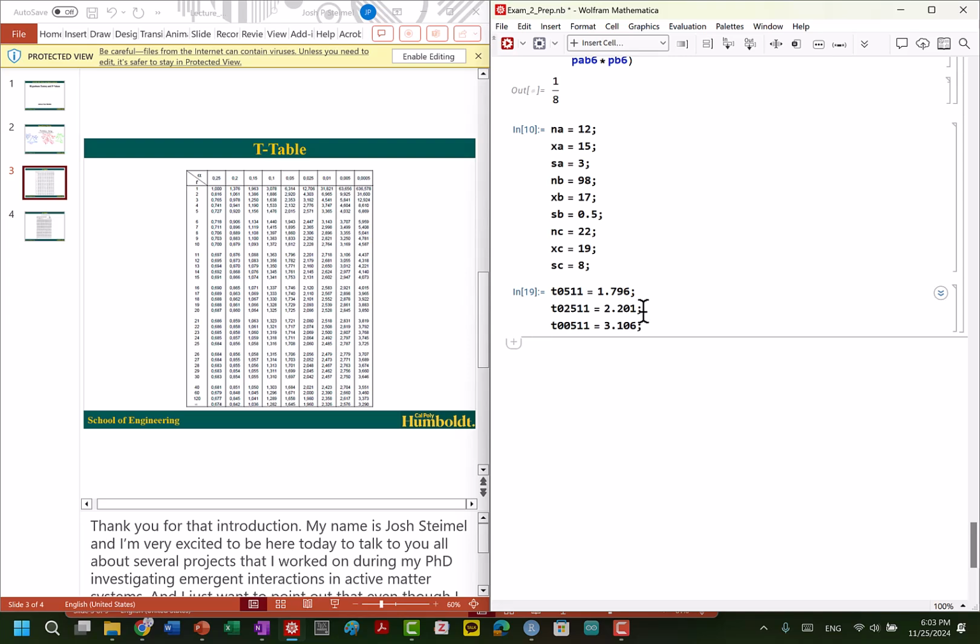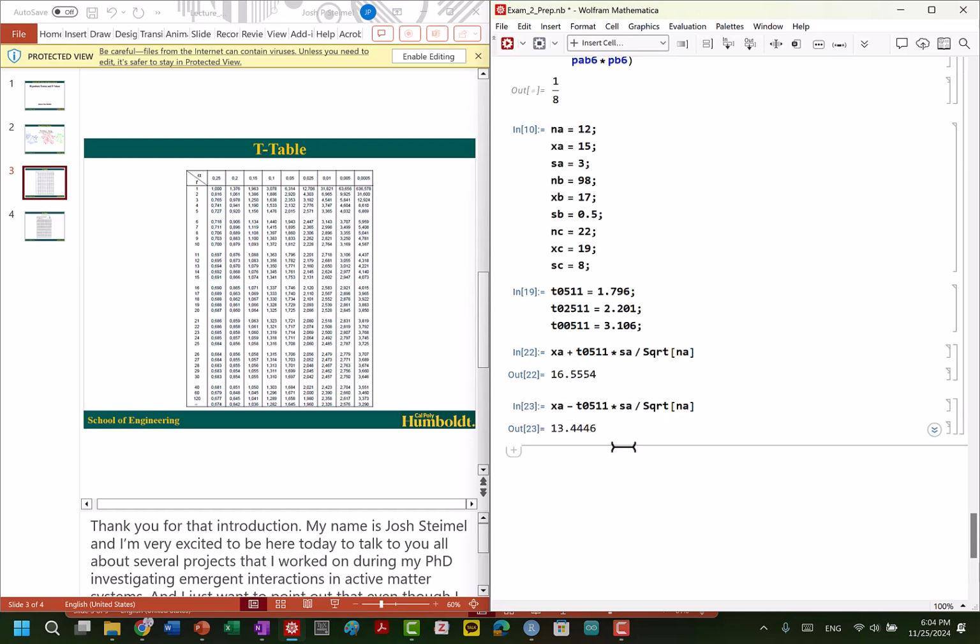So all I have to do to find my confidence interval is x of A plus T05, 11 times S of A divided by square root of N of A. There we go. And then we'll do a minus as well.